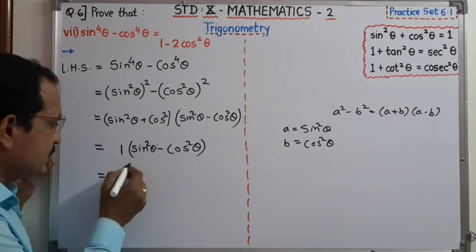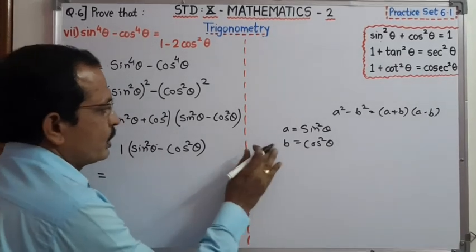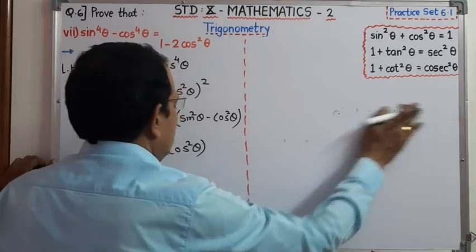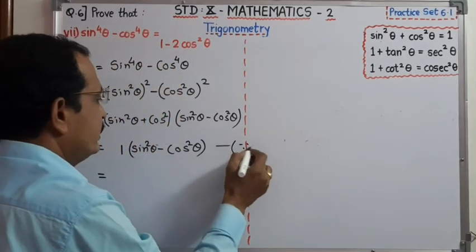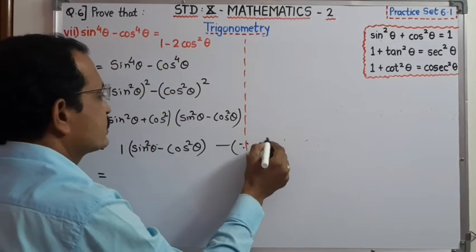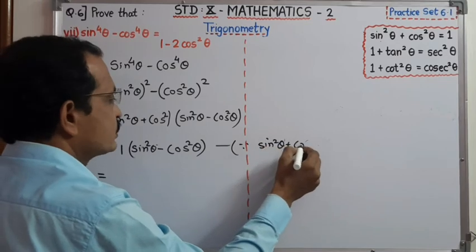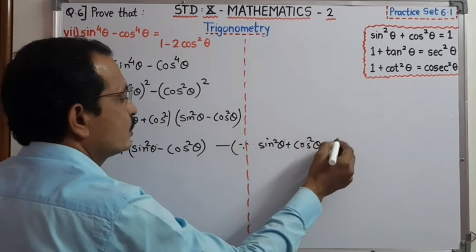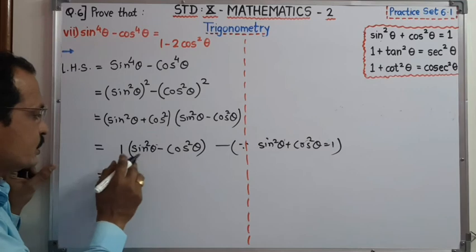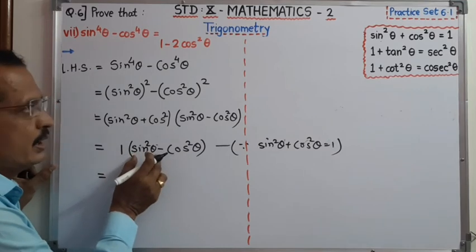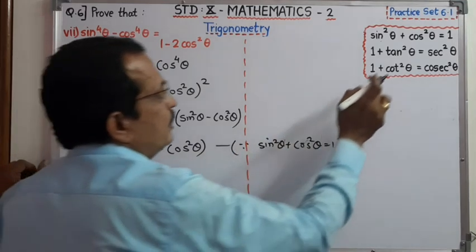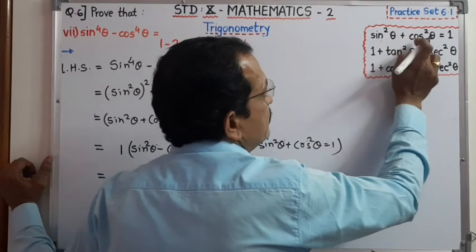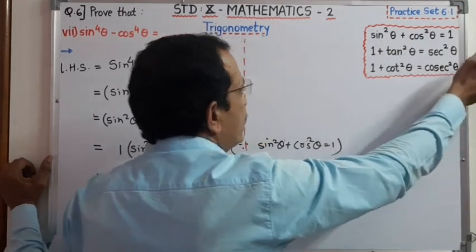Now, dear students, see here, we know the formula, that is, sin square theta plus cos square theta is equal to 1. Now, dear students, see, this sin square theta we can write by using this: cos square theta we can take on that side.